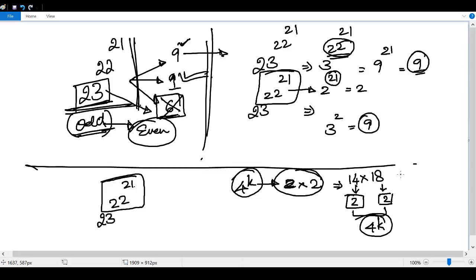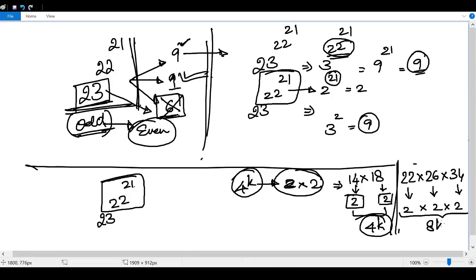On a similar note, if I am multiplying 22 with 26 with, let's say, 34, this is a multiple of 2, this is a multiple of 2, this is a multiple of 2, this will be a multiple of 8.